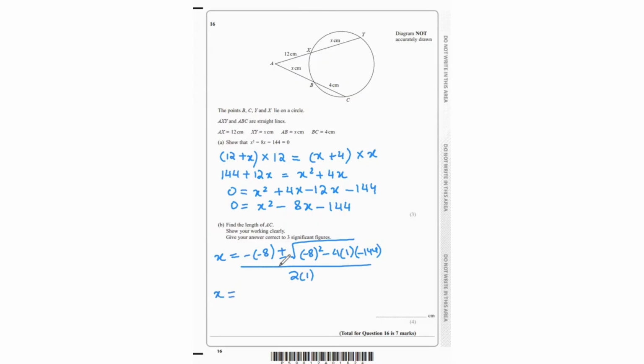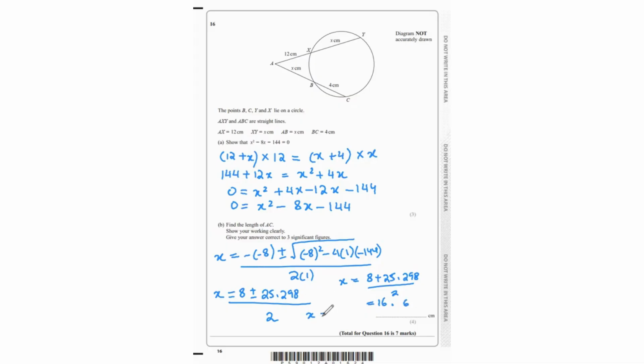That's going to give us 8 plus minus 25.298 divided by 2. So one value of x is going to be 8 plus 25.298 divided by 2, which is 16.6.